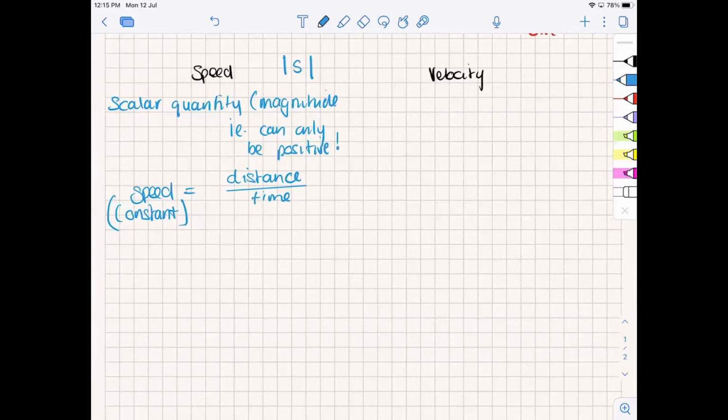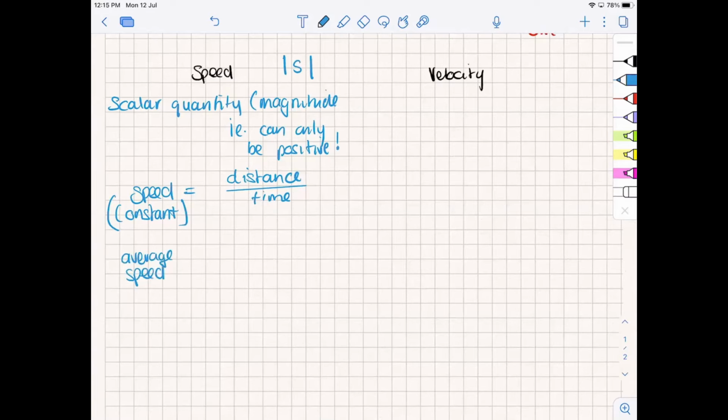But if I don't have a constant speed, how could I work out my speed? It's distance divided by time. Right. Well, unless I know some very fancy mathematics, I can't work out the actual speed, but I can work out the average speed. Okay.